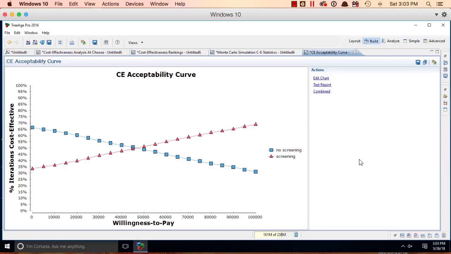So to the left of $50,000, willingness to pay under $50,000, you'll still choose no screening. But if you're willing to pay $50,000 or more, you will choose screening. If you're willing to pay enough, you choose screening. So you're recommending for each willingness to pay whatever option is higher on the y-axis, has the higher probability of being cost effective.